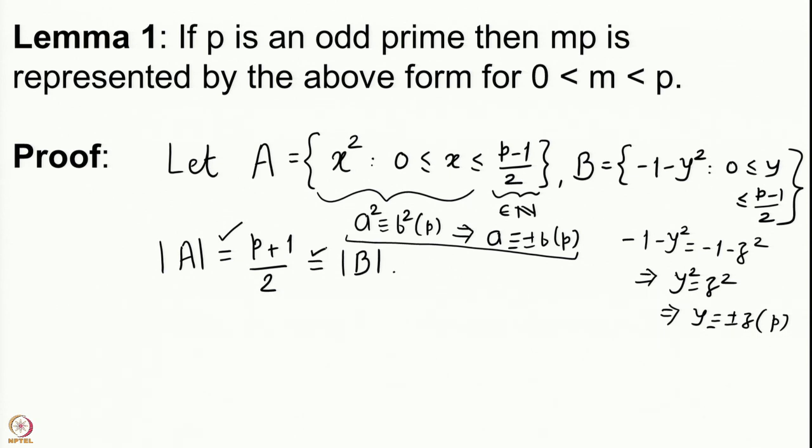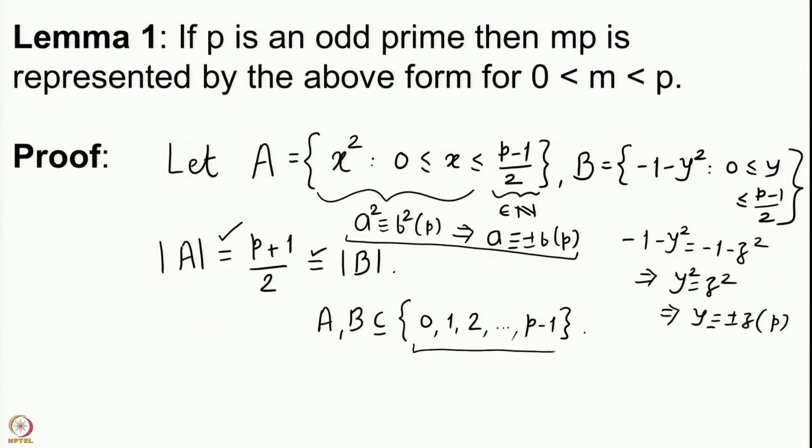Now of course, both A and B, when you look at them modulo p, are contained in 0, 1, 2, 3 and so on up to p minus 1 modulo p, and both have (p plus 1)/2 elements. So, there has to be a common element in them.